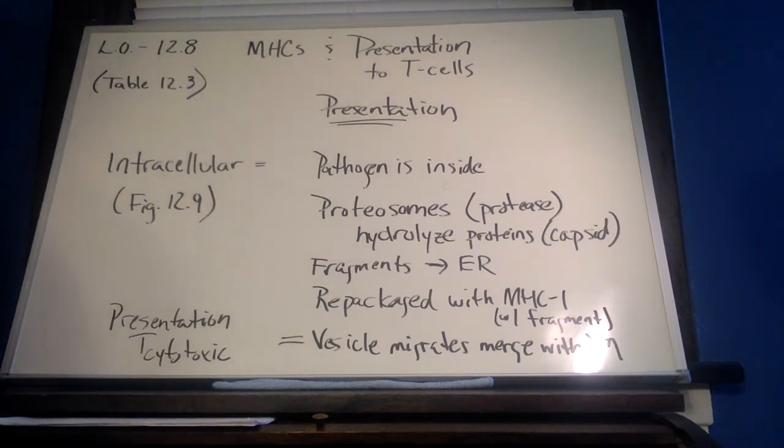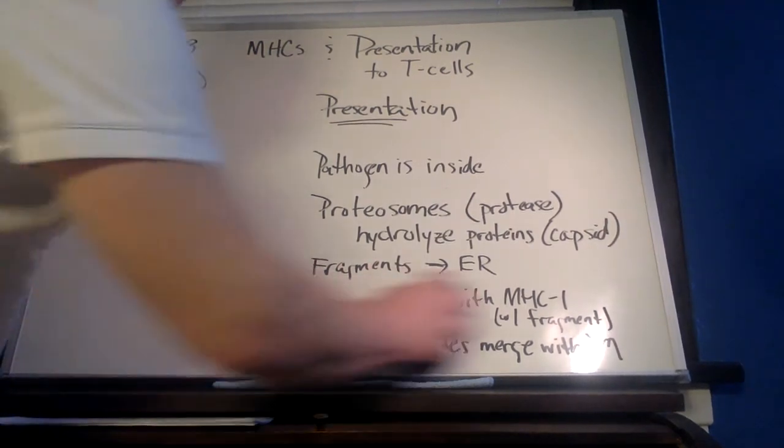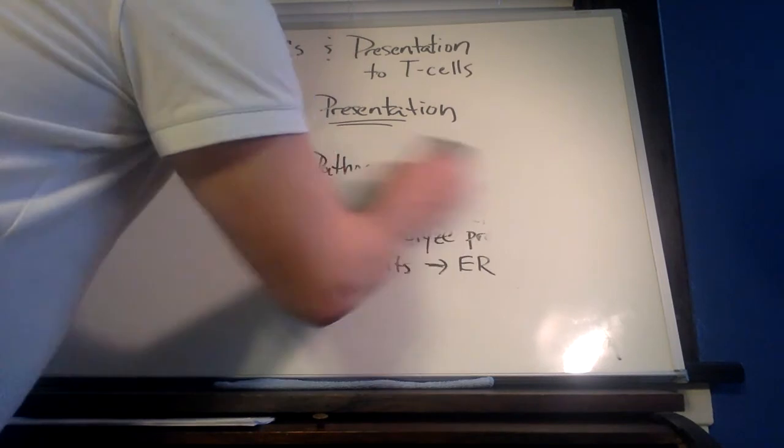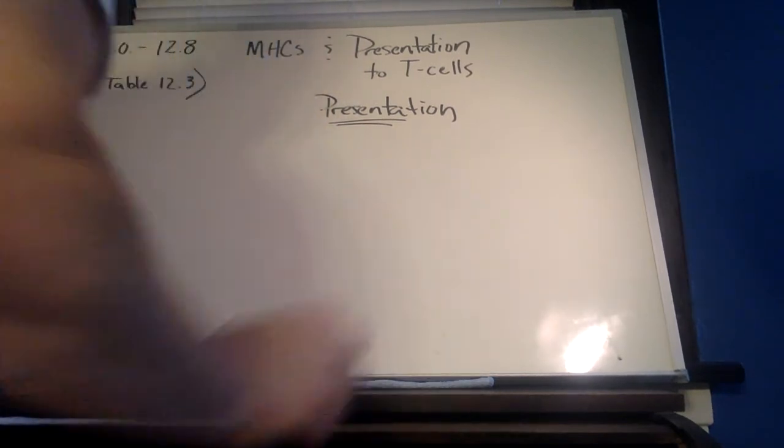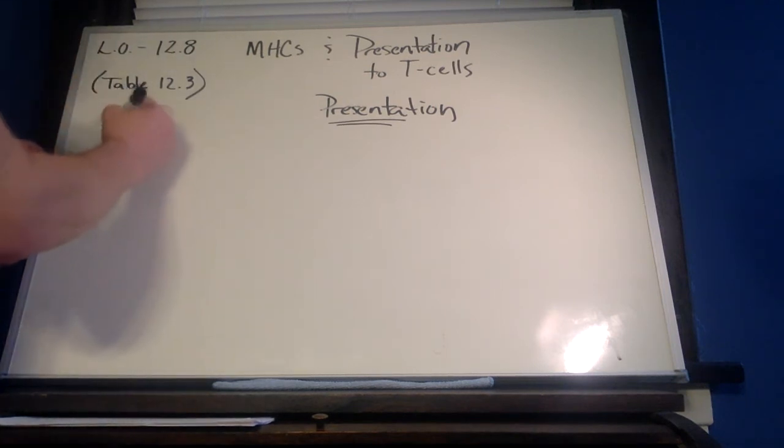However, if you go the other way, if you are an extracellular living thing, the first thing we're going to have to do is phagocytosis in order to bring you in. So if we look at figure 12.10, the extracellular pathway.